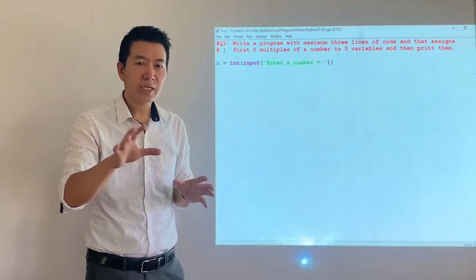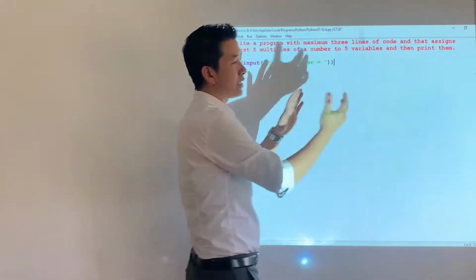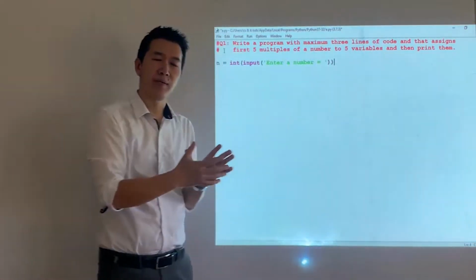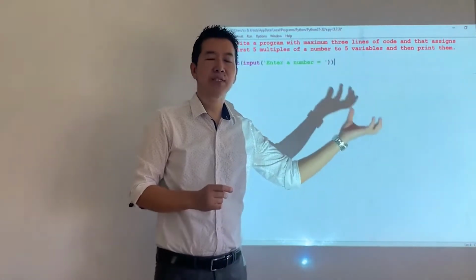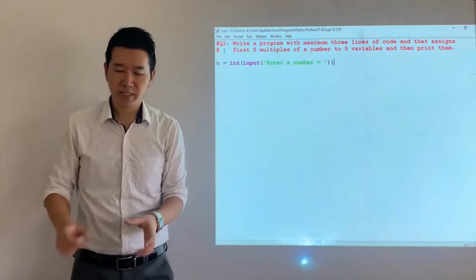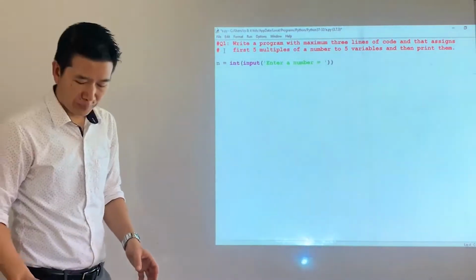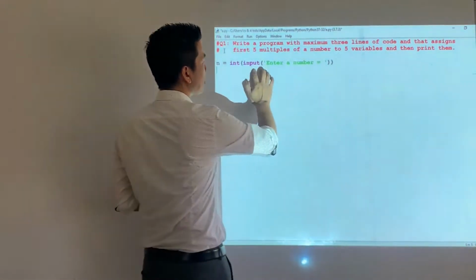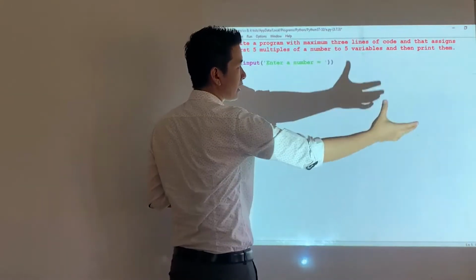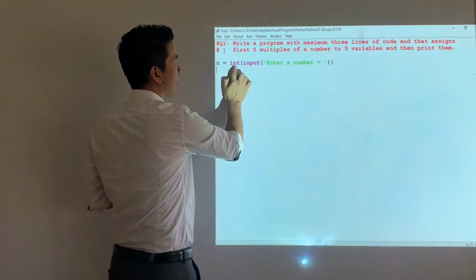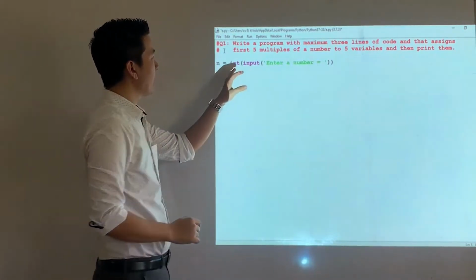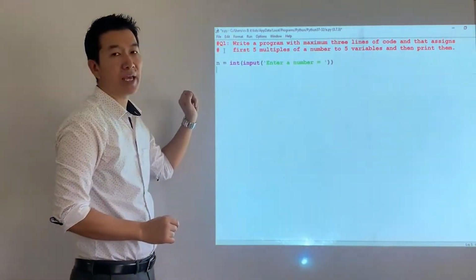But the key thing to be noted here is the data needs to be compatible. Okay, the data needs to be presented in a form so that I could have this converted to the numeric data type. Right? So this is the first statement. So input will prompt the user to enter a data, say 5, and that 5 will be converted to integer, and then this will be assigned to n.